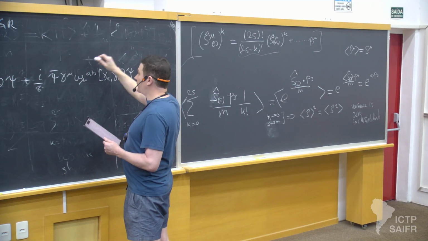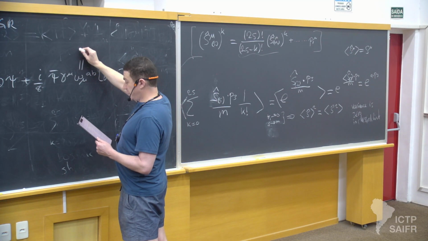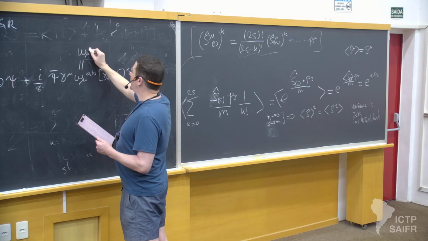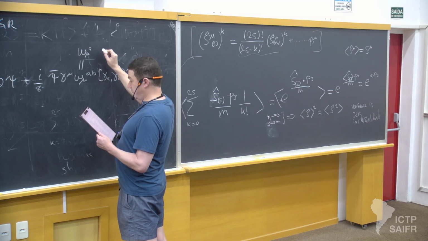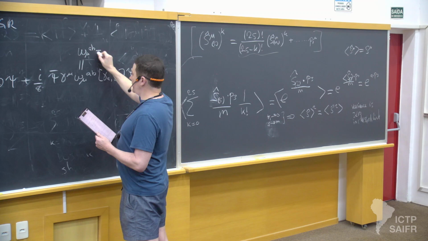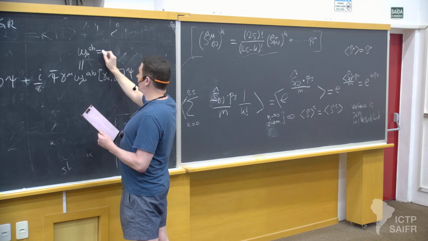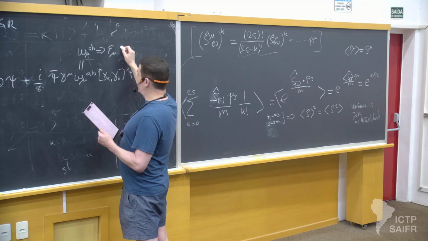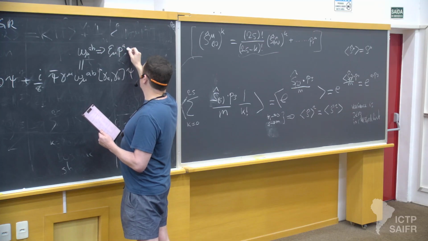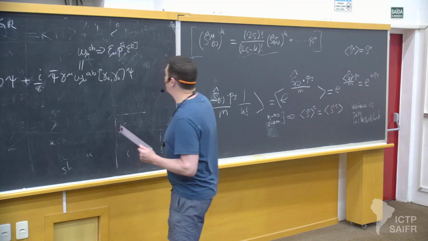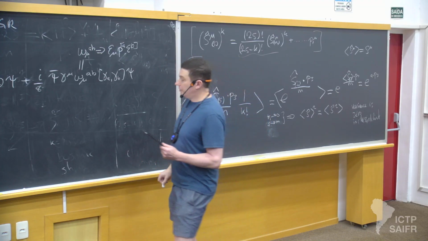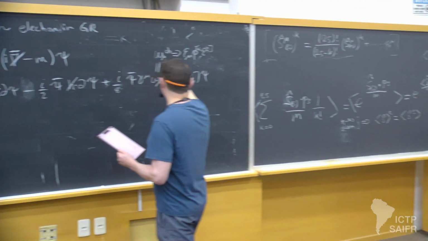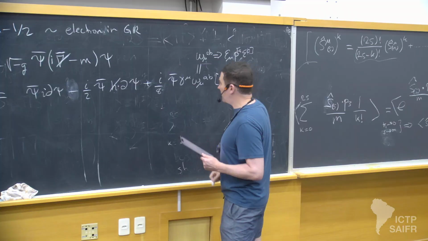For this linearized field, you can approximate the spin connection, or at least on shell, it will be equal to epsilon mu, and then p a epsilon b antisymmetrized. That's just a polarization and a momentum.